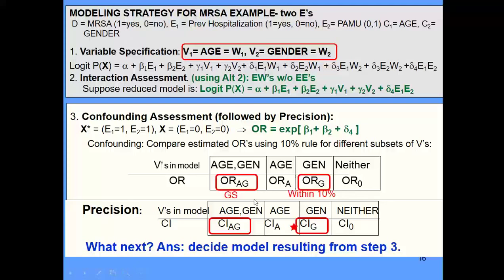But anyhow, what we're saying is that these 2 models, just like with alternative 1, would be the same 2 models that are competitive for the best model. And then we compare the confidence intervals. And if we found that we gain precision, that's why I put the star in there, by dropping age, then that would be the right model. That would be the best model. So that's how you would do it for alternative 2.